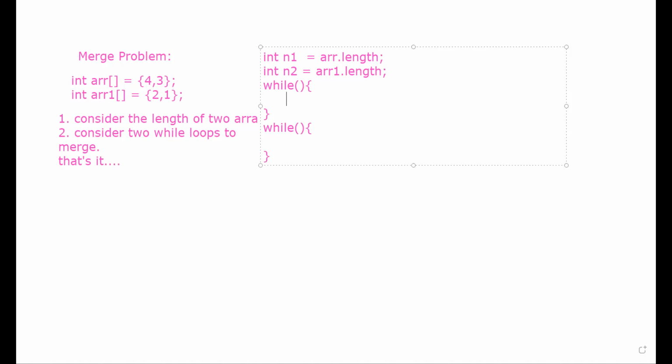Now what we need to do is consider a temporary array in which you shift the first array elements, and in this same temporary array, we shift the second array elements also.